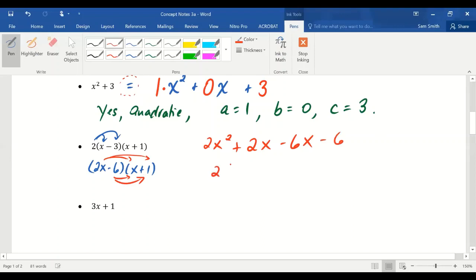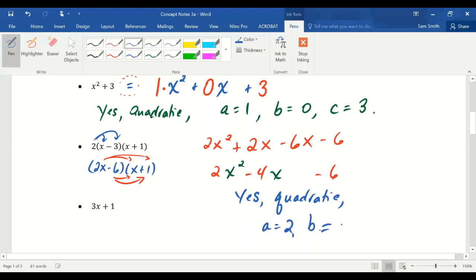Now, if I go through and combine like terms, and combine terms with the same exponents, I discover that I have 2x squareds, negative 4 x's, and negative 6 in the ones position. I would conclude that yes, this is quadratic, with a equals 2, b equals negative 4, c equals negative 6.